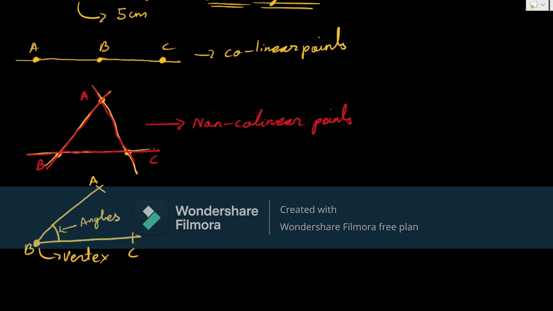From the vertex, there are two lines emerging. Let me give them arrows so you will know that they're extending infinitely. When two lines extend from the vertex, getting away from the vertex, they are called arms.